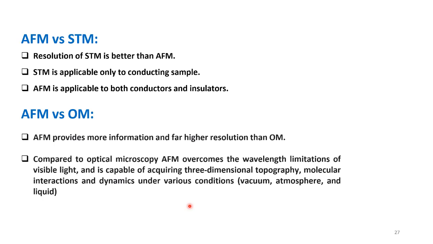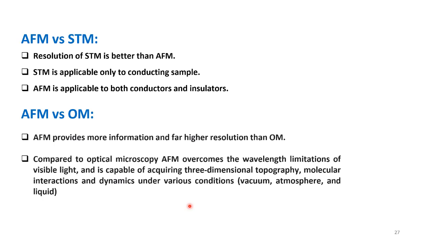Then the difference between AFM and optical microscopy. AFM provides more information and far higher resolution than optical microscopy, as I already told you. And compared to optical microscopy, AFM overcomes the wavelength limitation, that is the lambda by 2 limitation, because we are not using any visible light here for acquiring the data, but we are using the probe technique. It is capable of acquiring 3 dimensional topography, and molecular interaction and dynamics under various conditions.